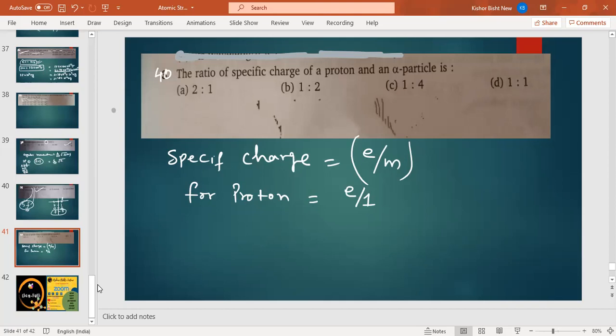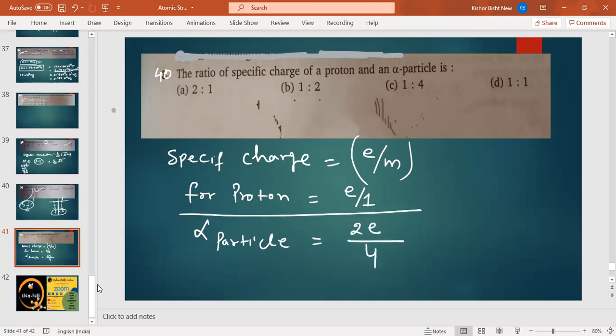And for alpha particle, helium nucleus, you know that the atomic number is 2, charge 2e, and mass 4. So if you calculate the ratio, then it is e upon 1 divided by 2e upon 4, which gives 2 to 1. Your answer is A. This is an important question.